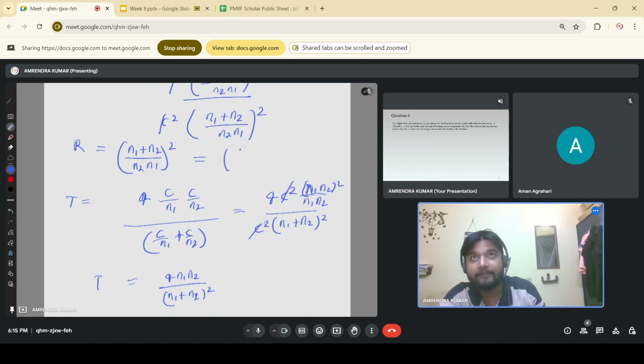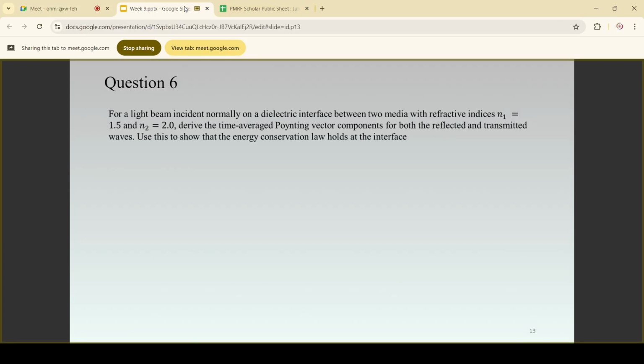Now let's put the values here. The question was 1.5 minus 2.0, sorry, I made a mistake here, it should be minus, over 1.5 plus 2.0 squared, so the reflectance will be 0.5 squared over 3.5 squared.